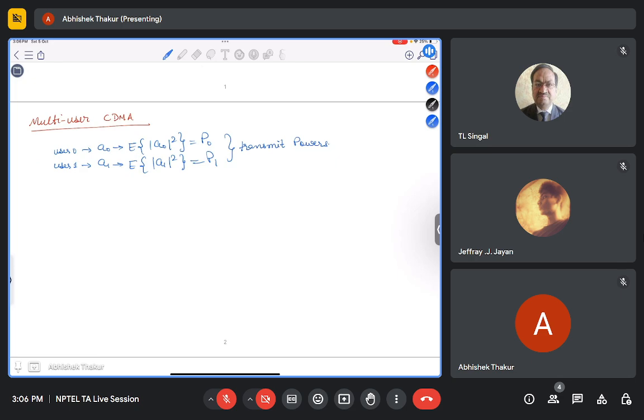So on the downlink, at the receiver end, the signal x0[n] of user 0 is given by x0[n] equals A0 times C0[n], as we have studied in the previous lecture. So C0[n] is the code for user 0, and A0 is the symbol for user 0.